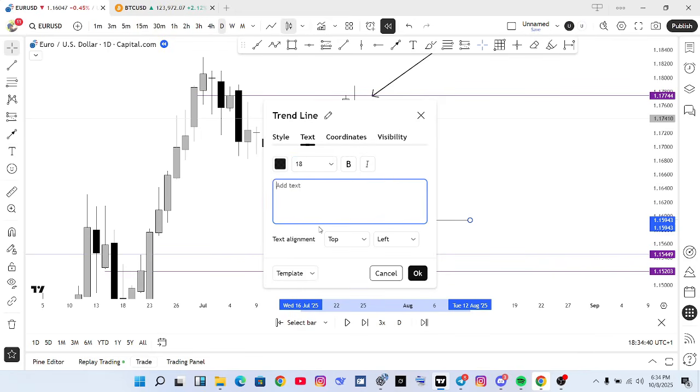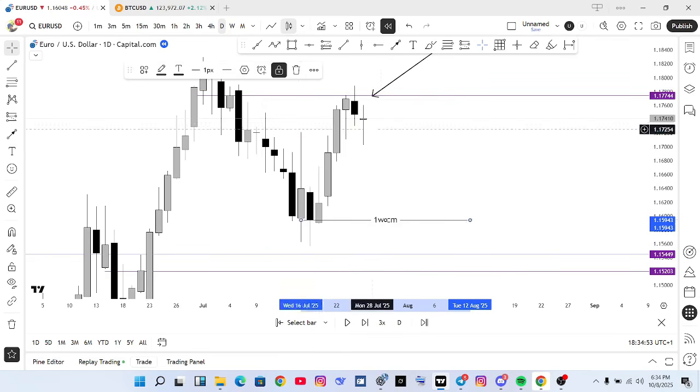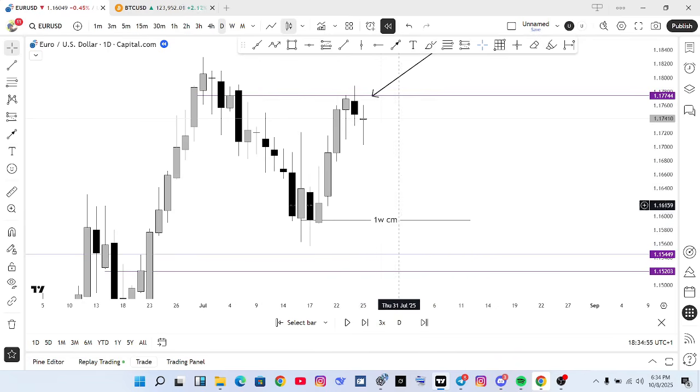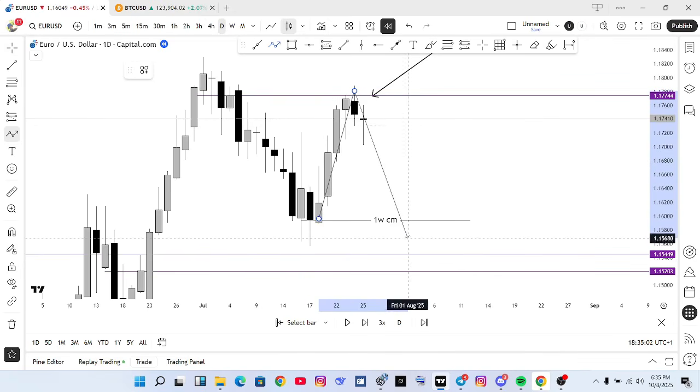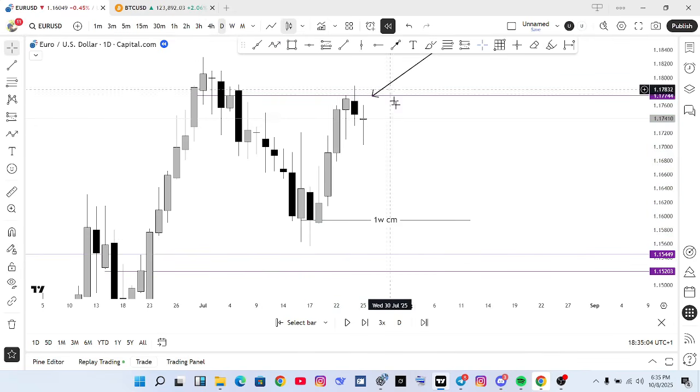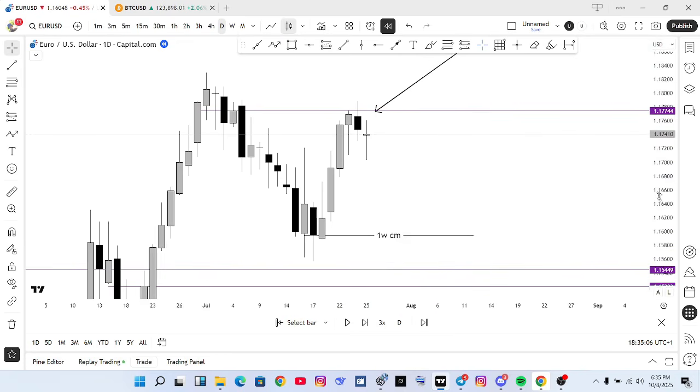We can say 1 week CM for confirmation. So bottom, middle. So 1 week CM until when? This is a daily time frame, we want to confirm the weekly time frame. So until price breaks here, then we'll have a confirmation that a bearish storyline has started.